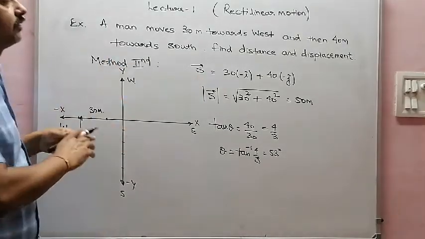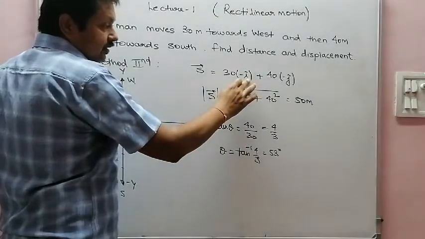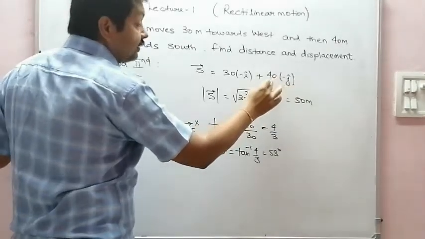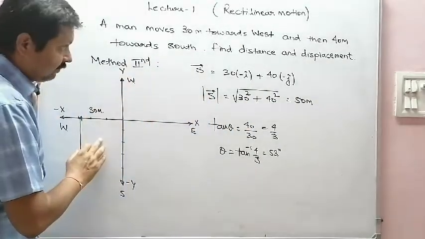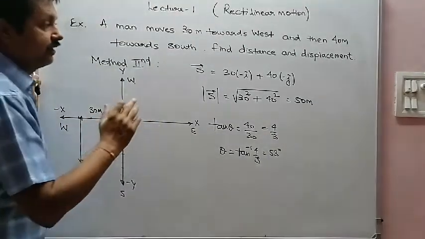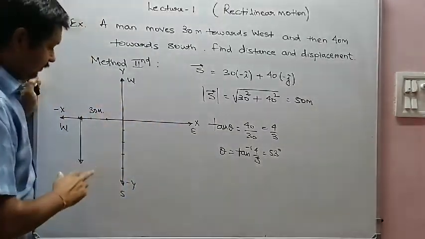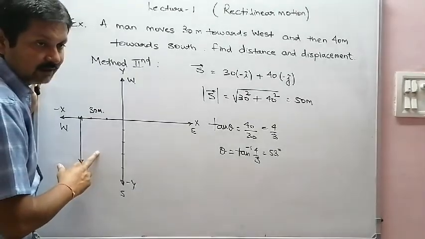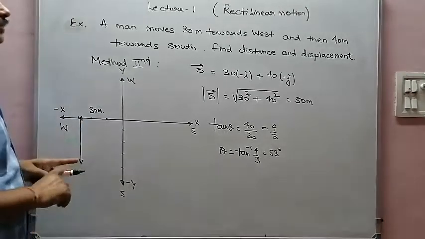Now again go to the displacement vector. Its I cap component is negative and j cap component is negative. The x component is negative, the y component is also negative. So it will lie in the third quadrant, meaning in the third quadrant the x coordinate is negative and the y coordinate is negative.